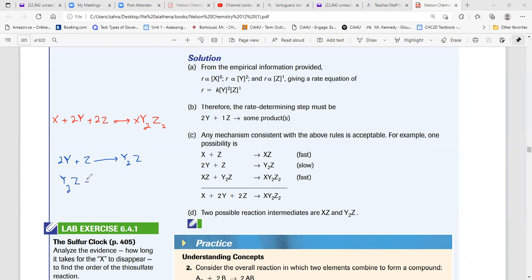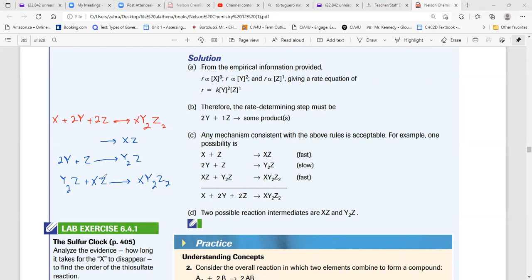Y2Z plus another Z, because you need to eventually produce this, right? You need X and Z here, and they combine to give you XY2Z2. But the XZ is there and you don't have it in the final equation, so you need to make sure it is produced somewhere.